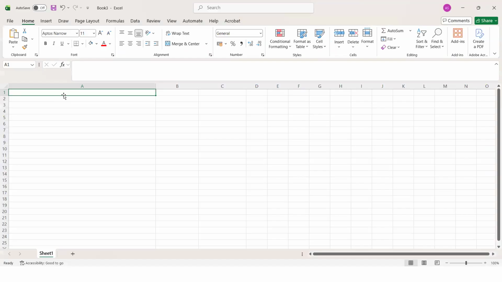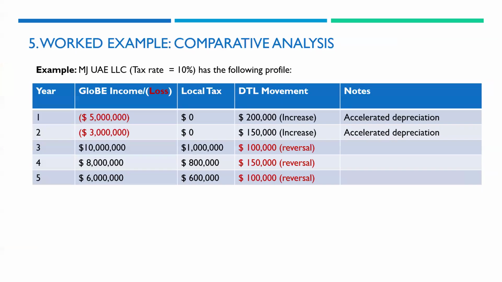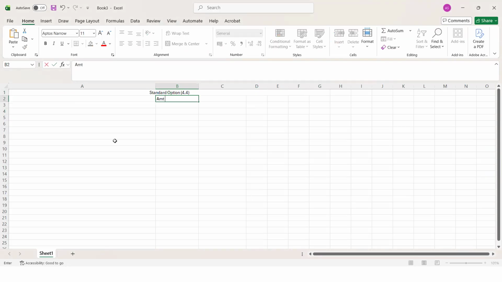So standard means what? So in a standard, it is 4.4. Okay. So let's say this is the amount, in dollars. Okay.